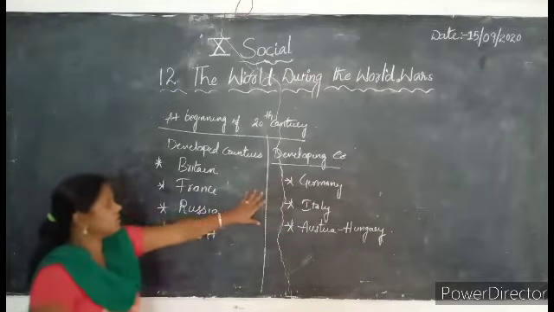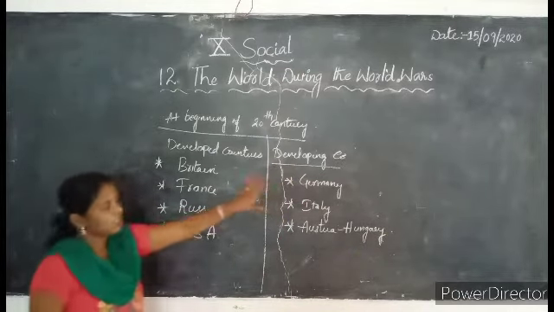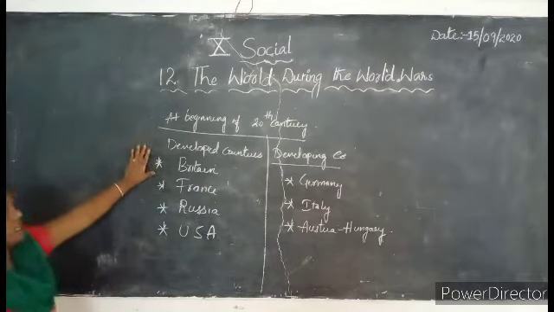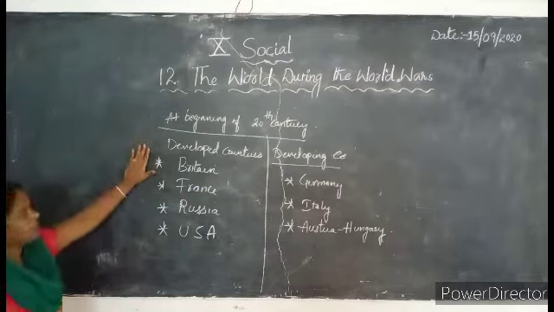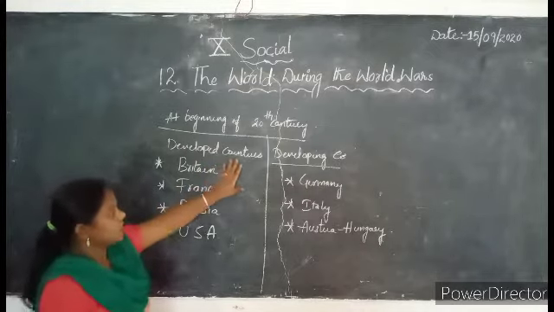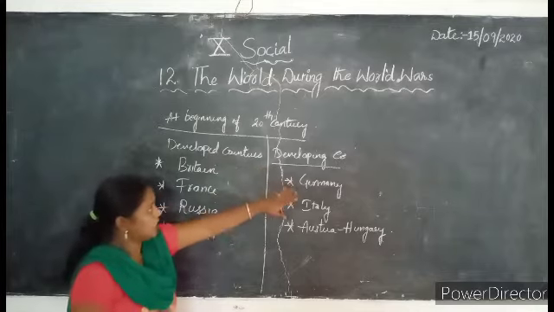So these are the developing countries. Now the already developed countries have started their expansion of colonies. They have increased their colonies all over the world.